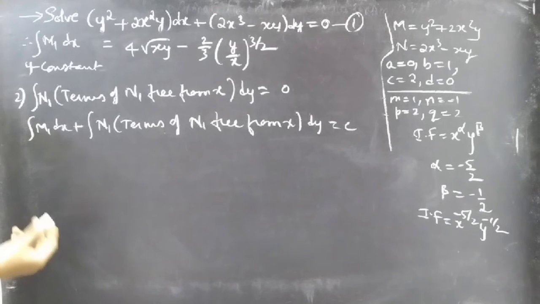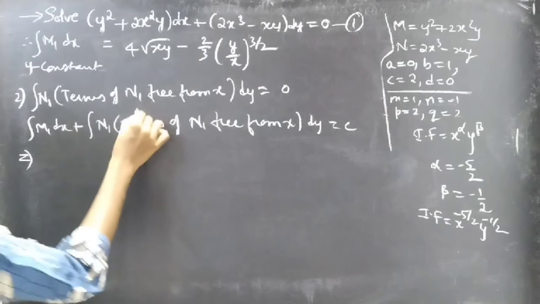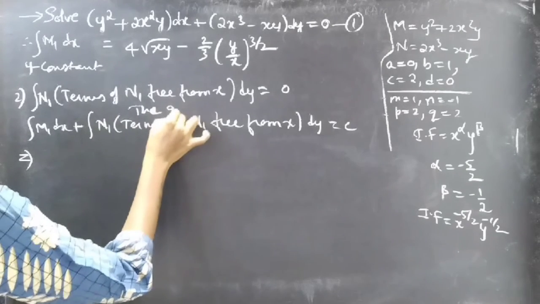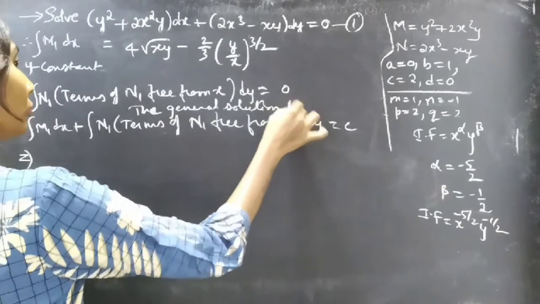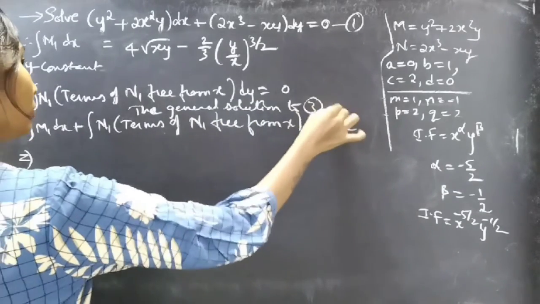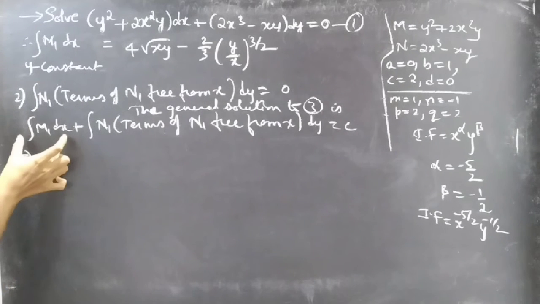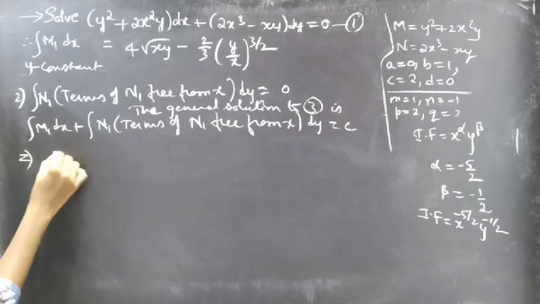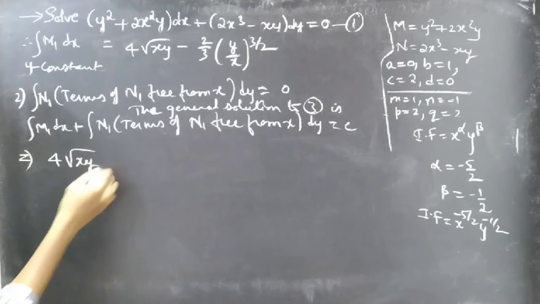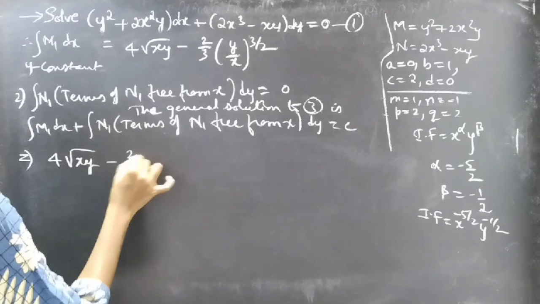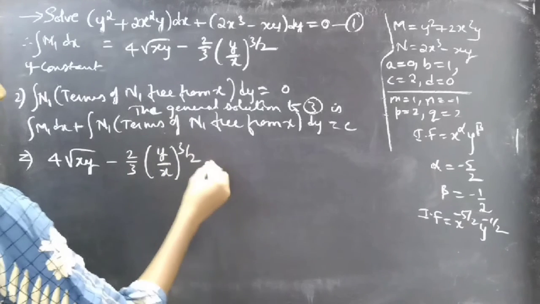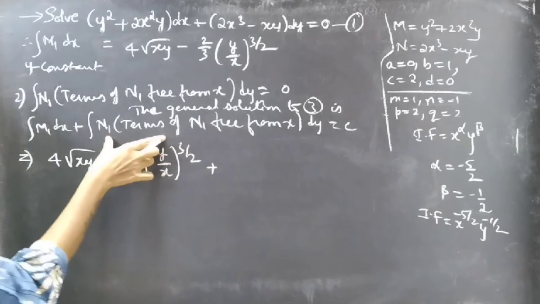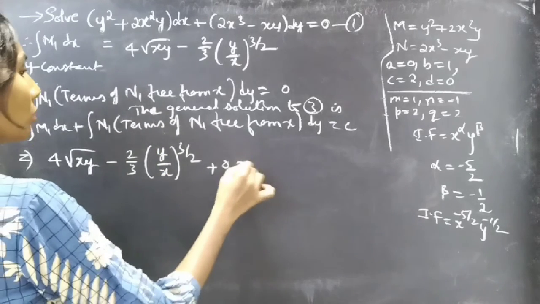The general solution to 3 is, so the result obtained from M1 is 4 into square root of xy minus 2 by 3 into y by x whole to the power 3 by 2, plus the result obtained from the second integral, which is 0, equal to c.